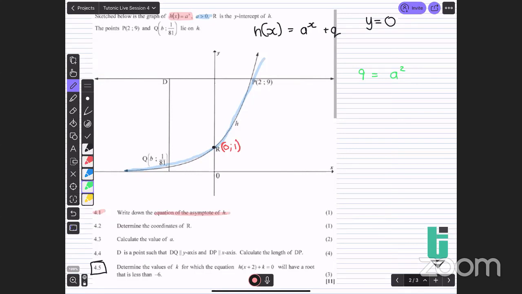Plus or minus 3, but which one do you take? 3, because they tell you a is greater than 0. So a is 3, and the equation of the graph is y equals 3 to the power of x.